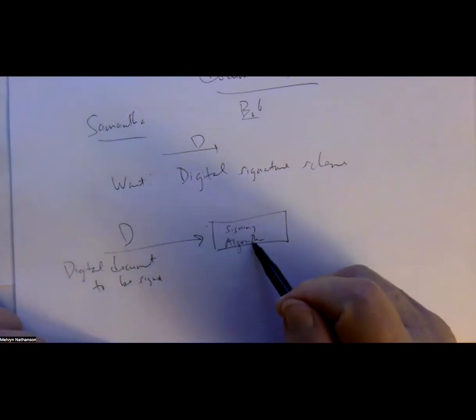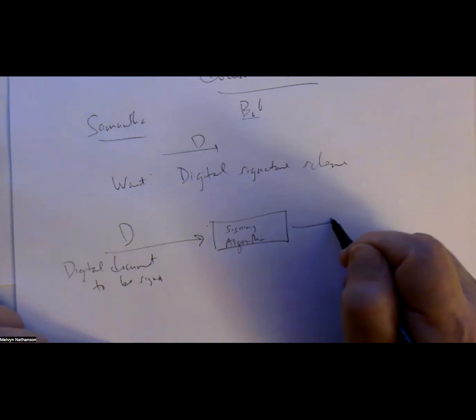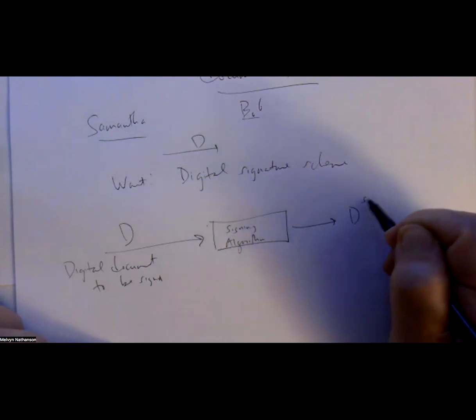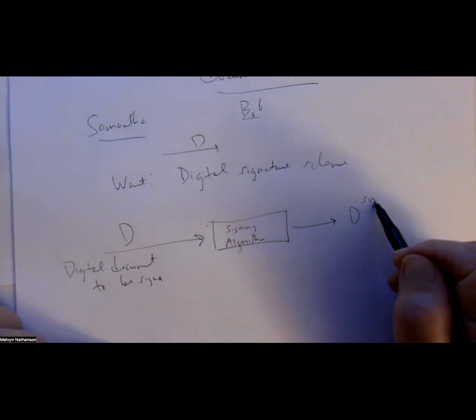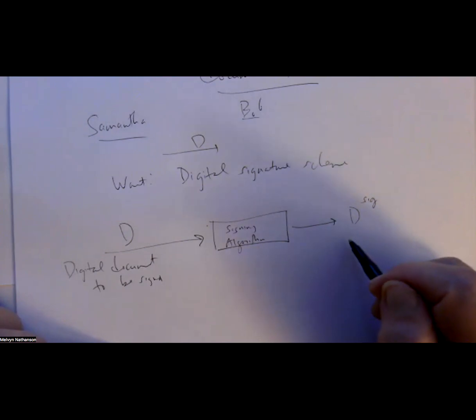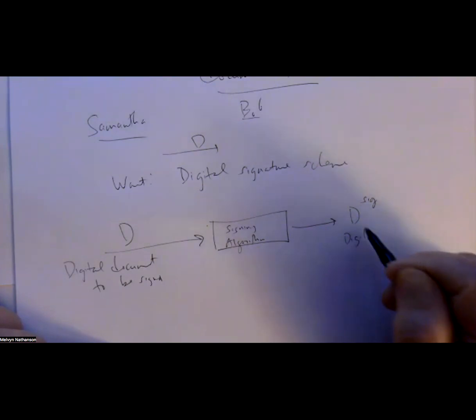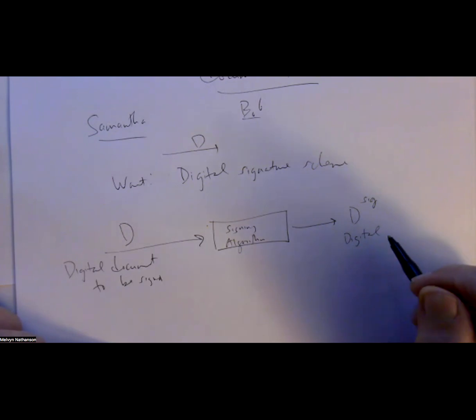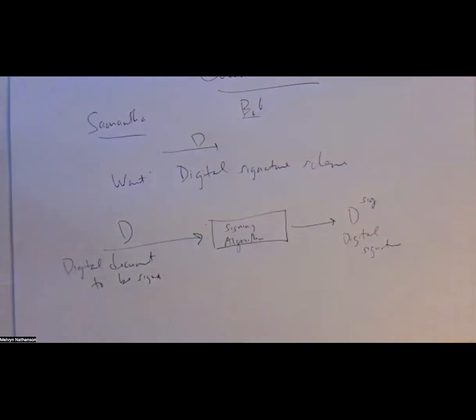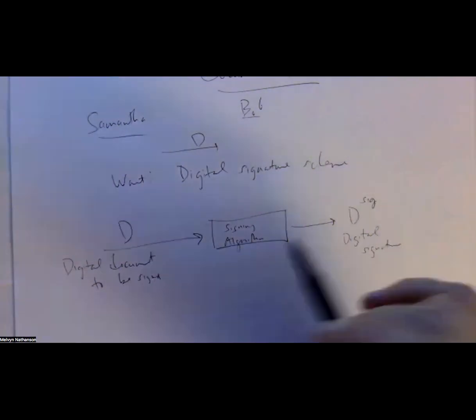So the document is put through the signing algorithm process, and you get DC. This is like the signature or the signed document. So this is not the document, this is the digital signature. So you will be sending, along with the document, the signature.